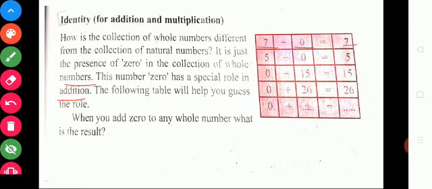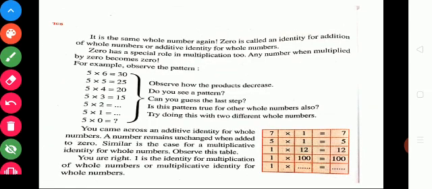Will you get the same whole number? Yes. 5 plus 0 is equal to 5. Yes. So it is the same whole number again you are getting. So 0 is called an identity for addition of whole numbers or additive identity for whole numbers we can say.